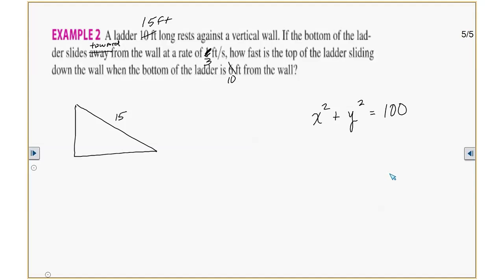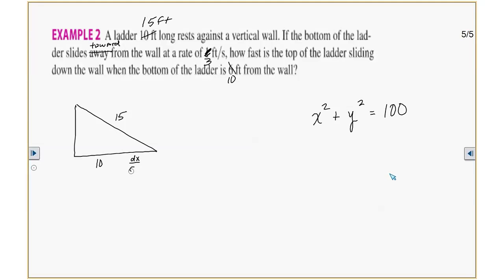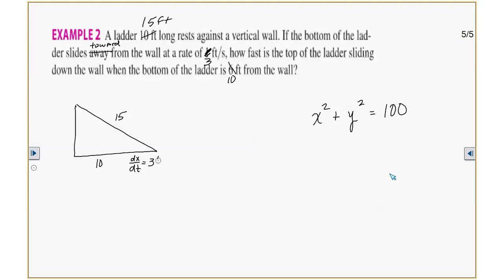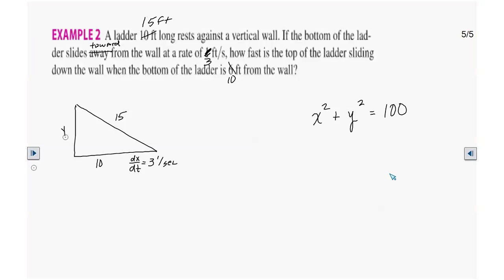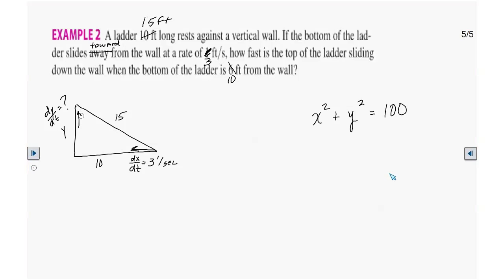And we know that it's going to be 10 feet from the wall. And we also know that dx/dt is equal to 3 feet per second. And this is y. And we want to find dy/dt. Because we're pushing in at 3 feet per second, and this thing's going up, so we should have a positive answer.